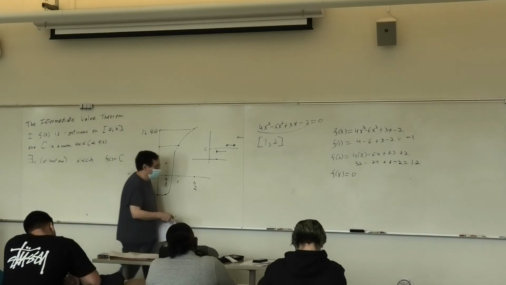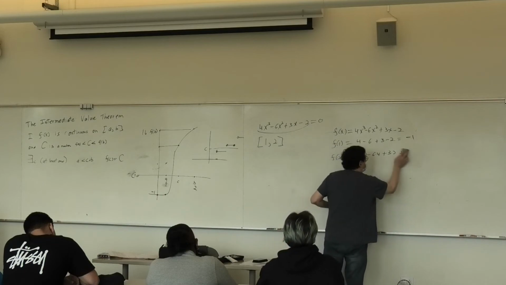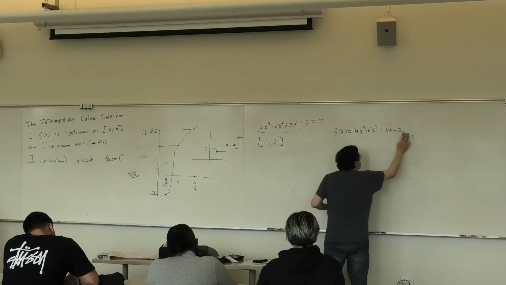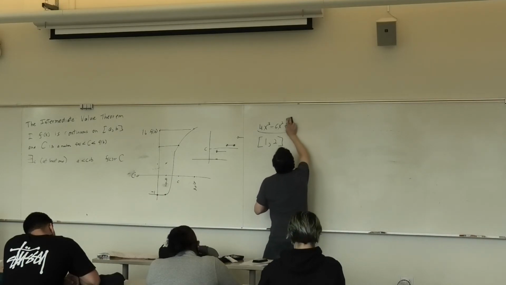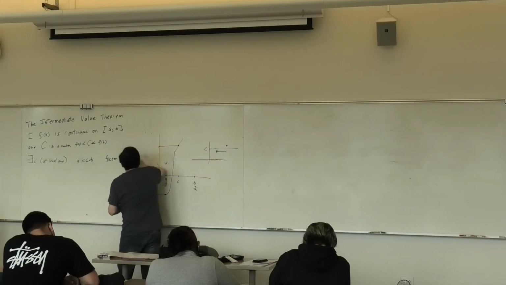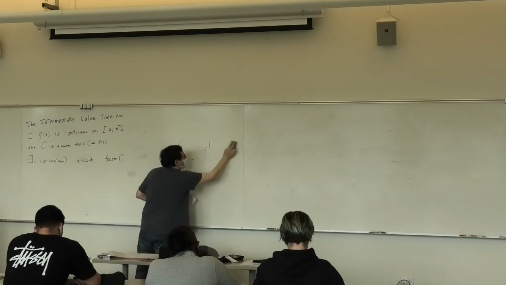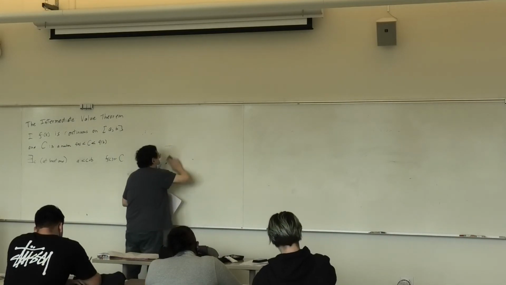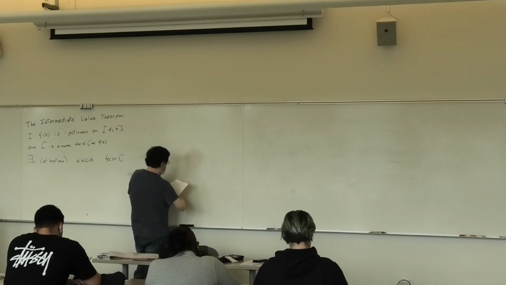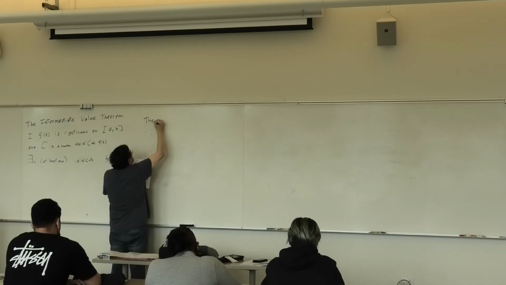I think I'll leave that theorem up because we have another one that's useful and important, and a little obvious, I think. Okay. This is called the maximum minimum theorem.